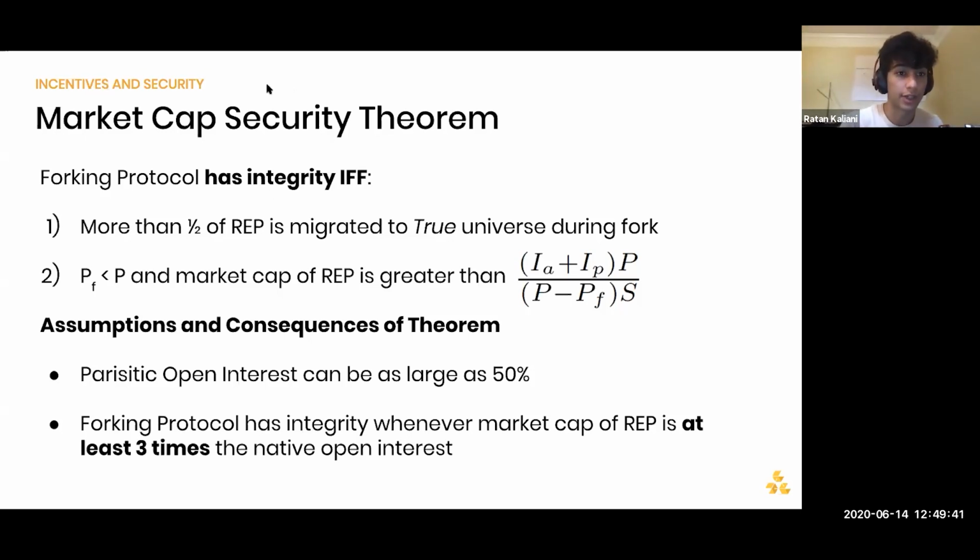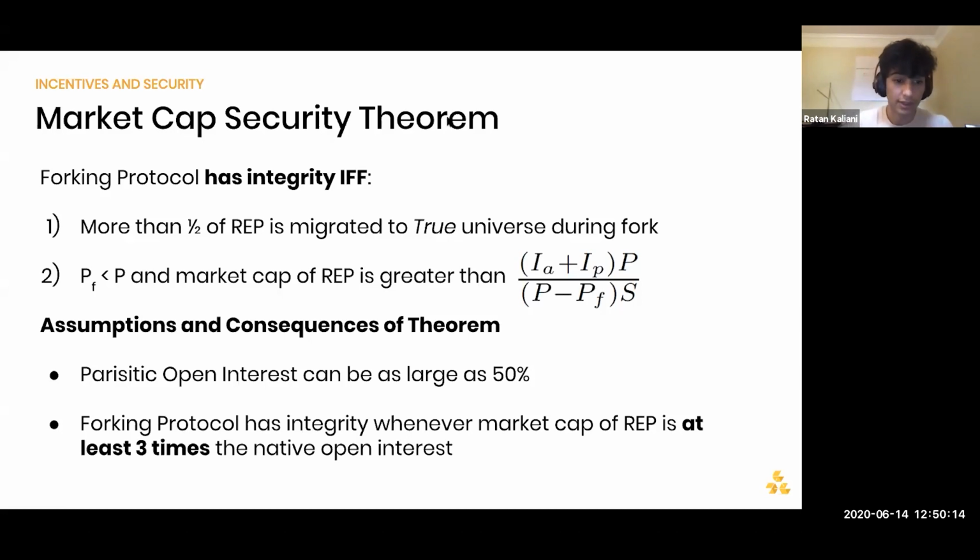So the market cap security theorem dives into how exactly the forking protocol has integrity on the platform. And this really comes if and only if more than half of the reputation is migrated to the true universe during a fork, and that the price to migrate to a false universe is less than the price of the true universe, and the market cap of the reputation is greater than this arbitrary formula here, which refers to the interest on the platform, as well as the price of the platform when we're corresponding to the true universe versus the false universe.